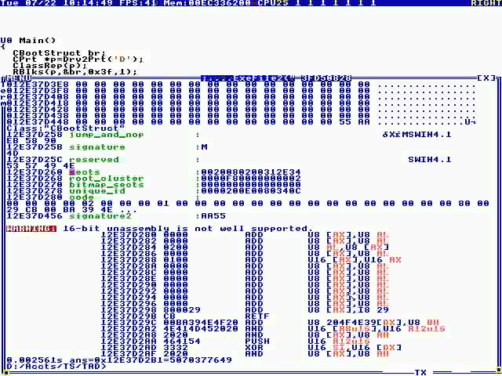Oh, that doesn't look good. Root cluster. This is probably FAT32. No, what? Code. Let's go to what it jumps to. 58. 58 plus... Is it the beginning or the end? I forget. It's the end. 58 plus 3.